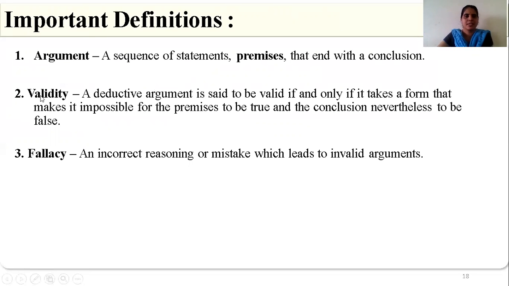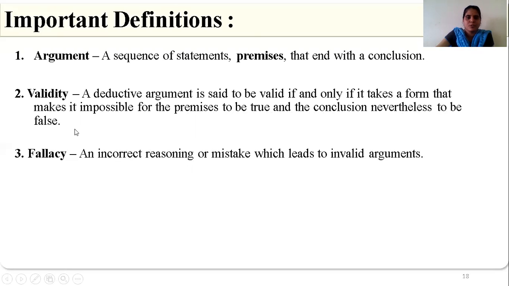Important definitions: an argument is nothing but a sequence of propositions or statements. We call them premises, and it ends with what? The conclusion. Validity means a deductive argument is said to be valid if and only if it takes a form that makes it impossible for the premises to be true and the conclusion nevertheless to be false.